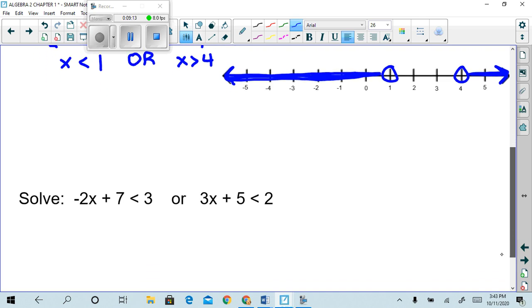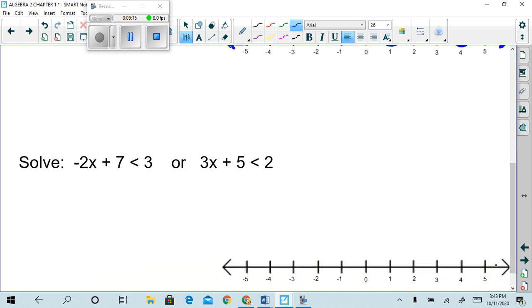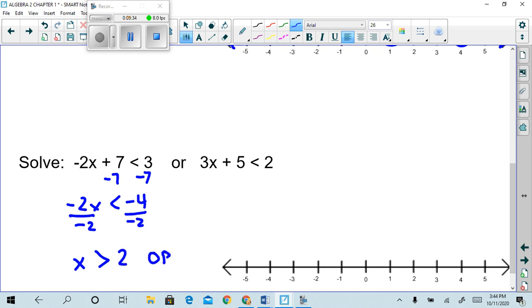Let's try one more. Let's solve them separately. We'll start by subtracting 7 on both sides. And then dividing by -2. I hope that you remember when you divide by a negative, you reverse the direction of your inequality. On to the second part. The second simple inequality of this compound says let's subtract 5.